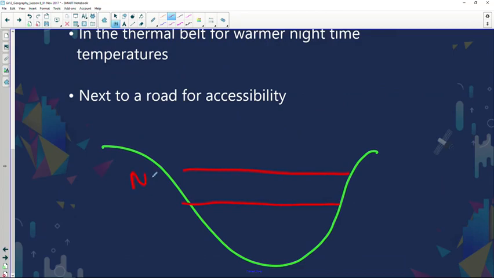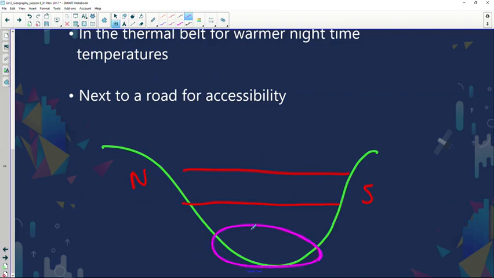On the north-facing slopes, because it receives more insulation. The south-facing slopes, oblique insulation. So the warm-facing slopes will be warmer, probably better for crop farming. And build their settlements in the thermal belt because it will be much warmer. We won't build our houses down in the bottom of the valley.